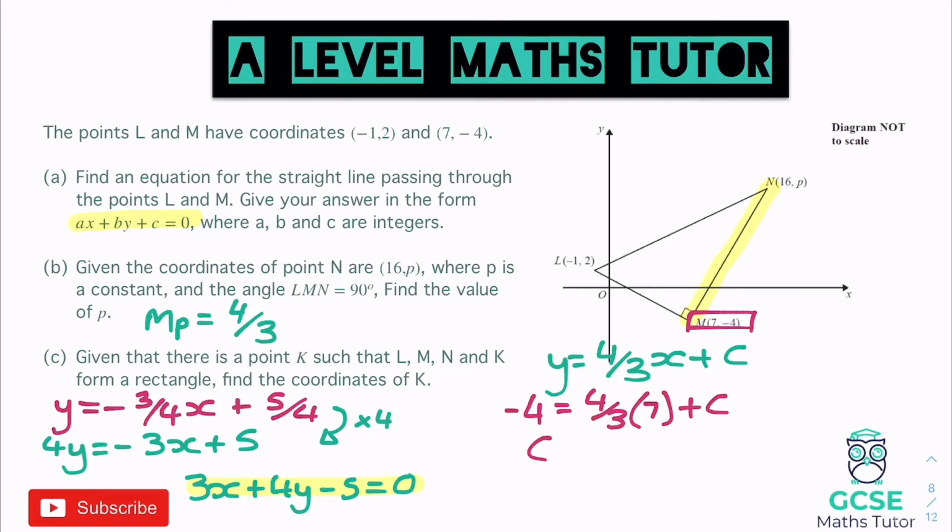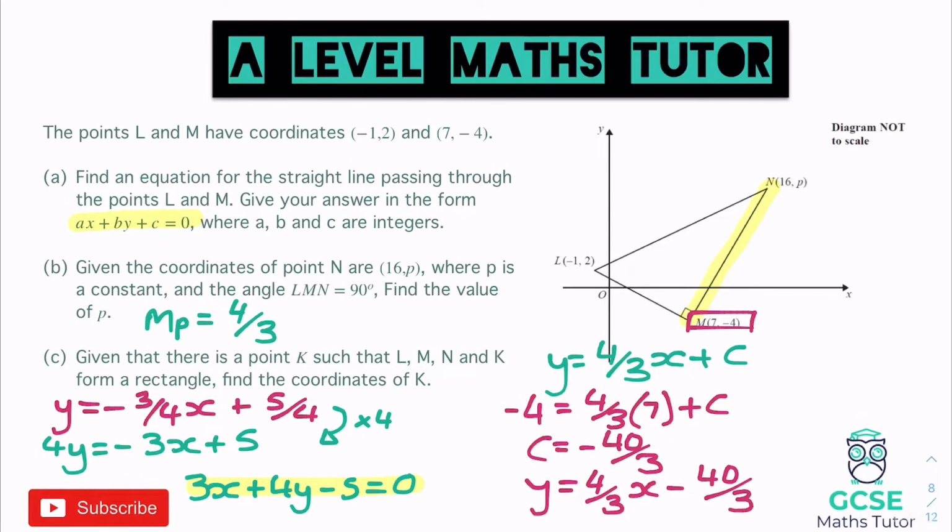So we have c equals -40/3, and then we can write the equation of our line. So y is going to equal 4/3 x minus 40/3. There we go. So there's the equation of the line M to N, and it wants us obviously to find the y coordinate, or the value of p.